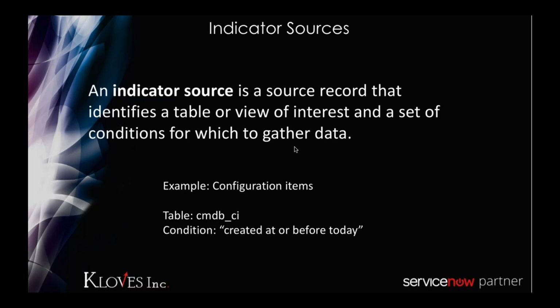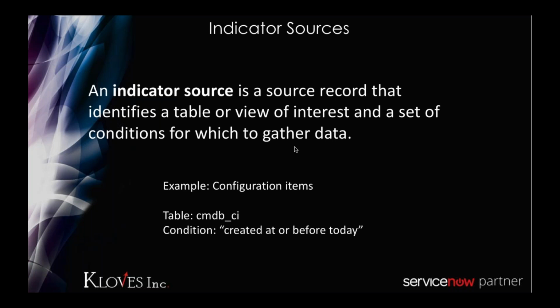Essentially what that means is we're taking the data from the CMDB CI table and filtering, basically saying this is where we're collecting our data from. This is the source for our indicators. So we can put any condition on these indicator sources. For the purposes of this demo, the condition is just any CI that's been created at or before today.